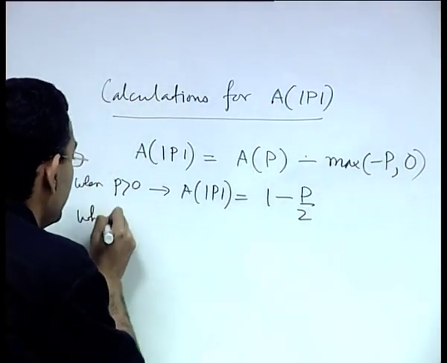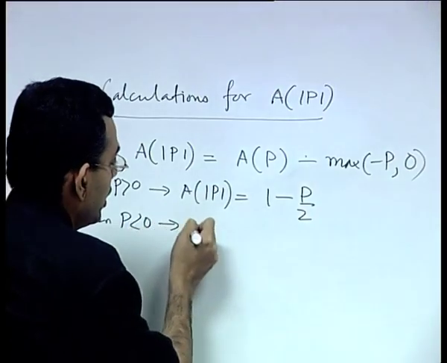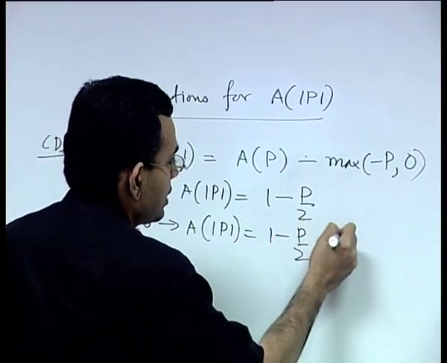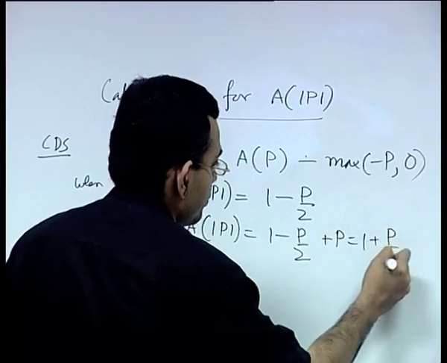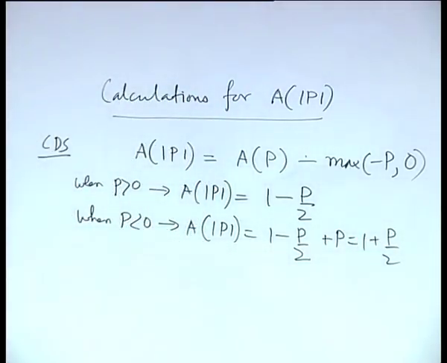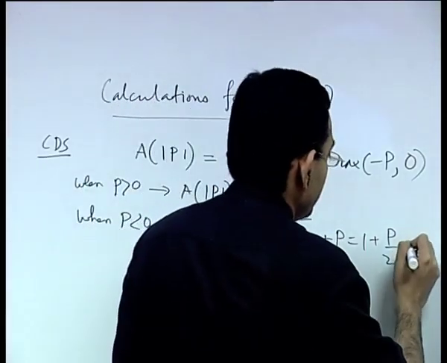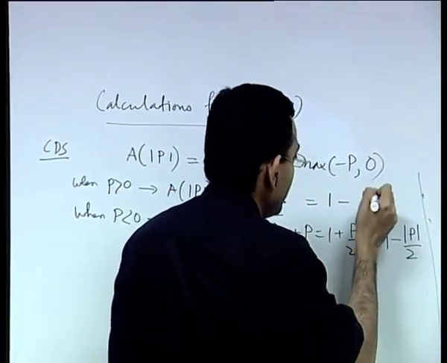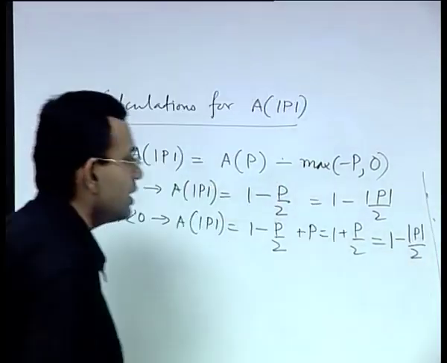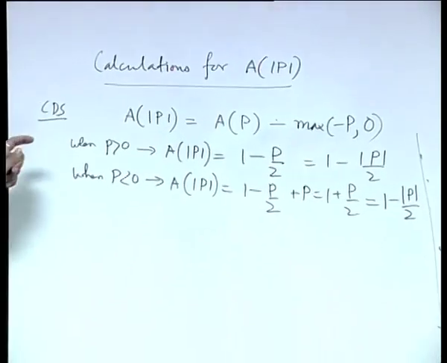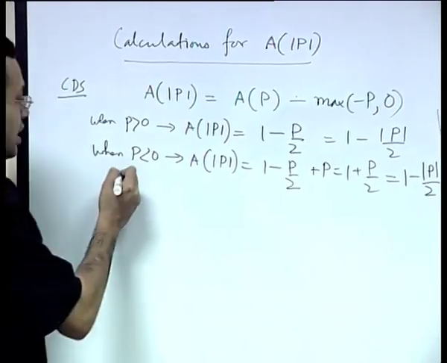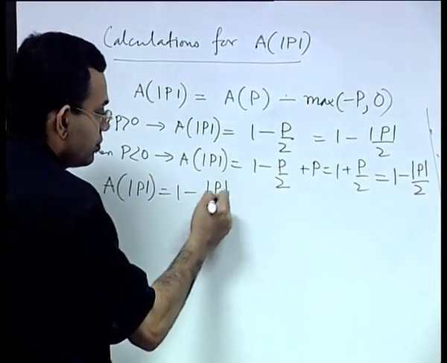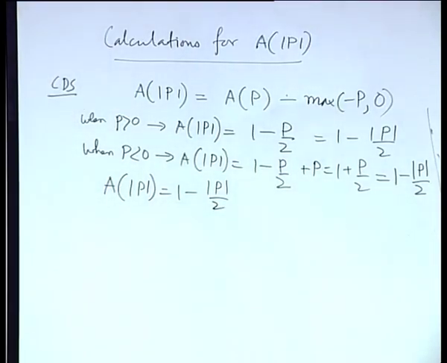When P is less than 0, A of mod P is equal to 1 minus P by 2 plus P, so 1 plus P by 2. This can be written as 1 minus mod P by 2. This is also 1 minus mod P by 2. So you can see that, no matter whatever is the Peclet number, the general A of mod P is 1 minus mod P by 2 for the central difference scheme.